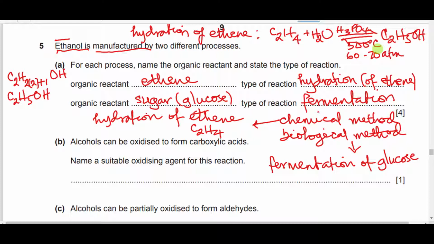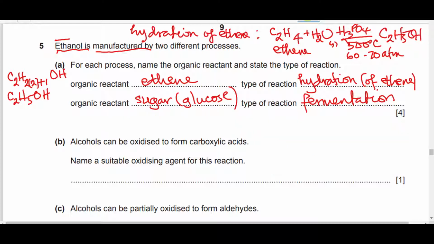Those are the conditions for the hydration of ethene to form ethanol. So this is your ethene, this is your water or your steam, a reversible reaction to form ethanol. You can see it is a form of addition or combination reaction, because water or steam is added to ethene to form ethanol.